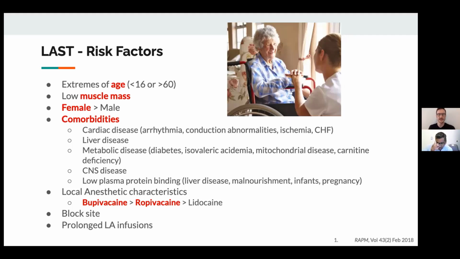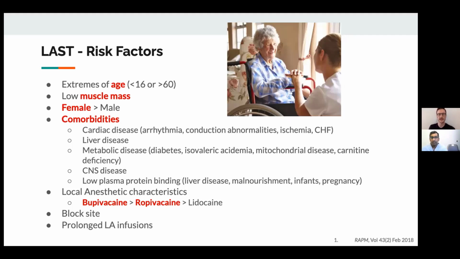The LAST events do unfortunately occur secondary to labor epidurals and epidurals being used for C-section on occasion. This does comprise some of the evidence. The local anesthetic chosen plays a big role. Bupivacaine and ropivacaine are certainly much more cardiotoxic than lidocaine, and lidocaine is more associated with CNS toxicity.